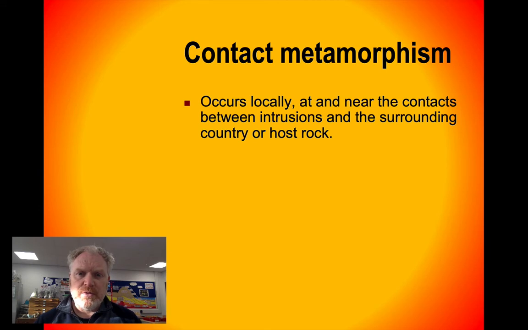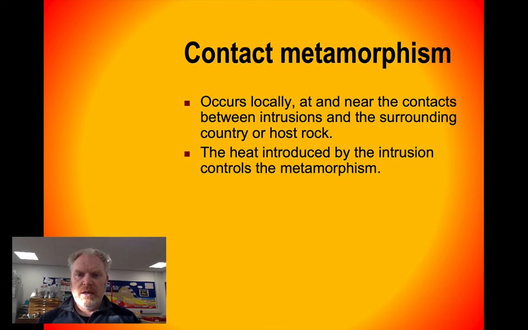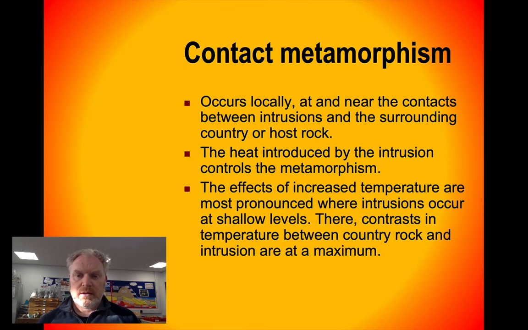For contact metamorphism, this is where we have metamorphism, very localized metamorphism, around large igneous intrusions and the country rock. The heat is from the intrusion, from the magma, and that has most effect.